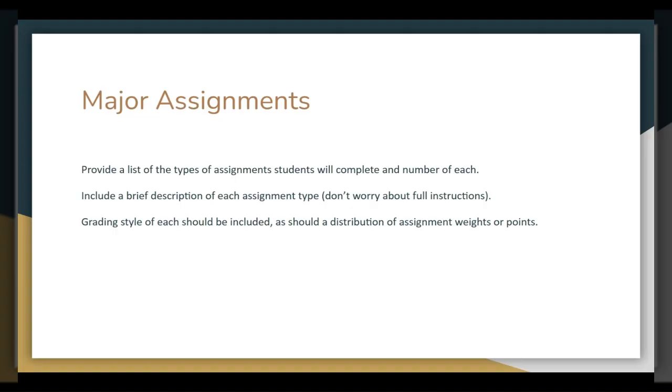And then you also want to incorporate some information on grading. And so this is really 2 things. One is oftentimes what instructors will do is in that list of assignment types, they'll indicate how many points they're each worth, or if someone's using percentages, like reading and discussions are worth 20% of the grade and each of them is 10 points. Workshops are 50% of the grade, and so on.